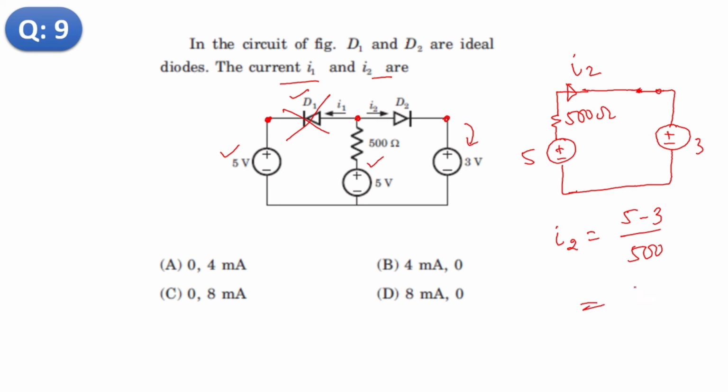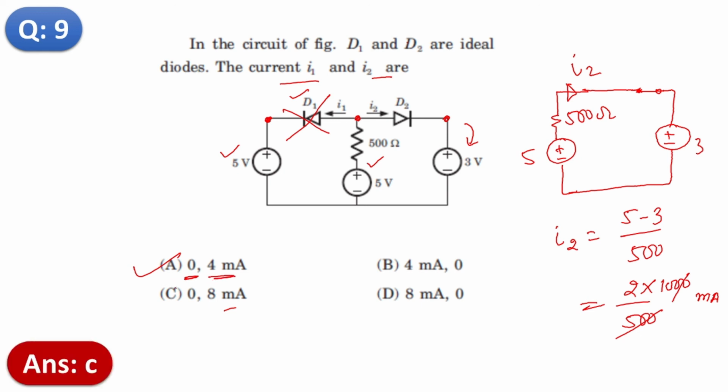So it will be 2 divided by 500, and we require the answer in milli, so multiply by 1000, and this is in milliampere, so this is 4. So I1 is 0 and I2 is 4 milliampere. So the correct answer for this question is option number A.